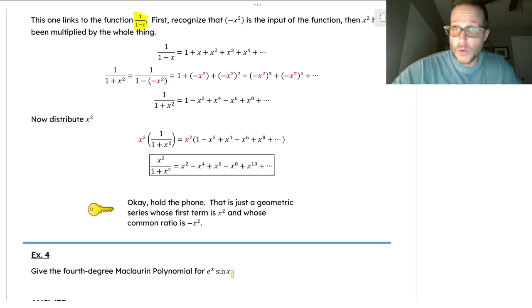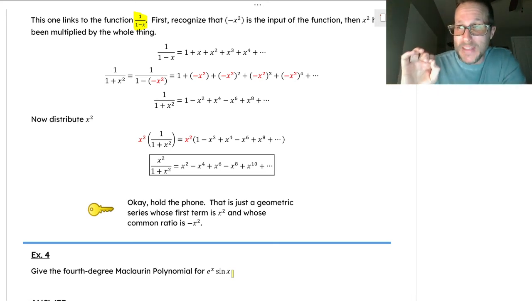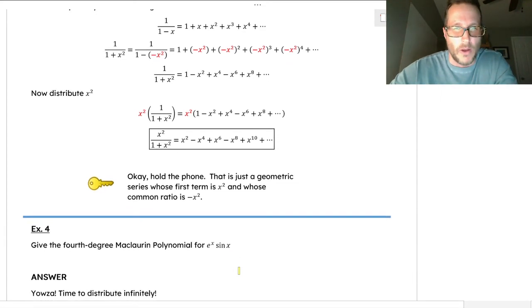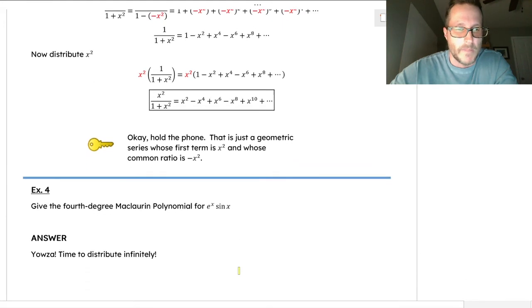What we want to do is apply some simple algebraic operations like multiplication, distributive property, kind of get that in the mix here. So this one's going to blow your mind. You might want to download the notes for this one and check it out. We're going to distribute infinitely. Yes, won't that be fun?